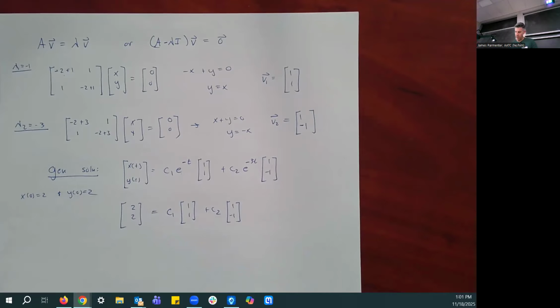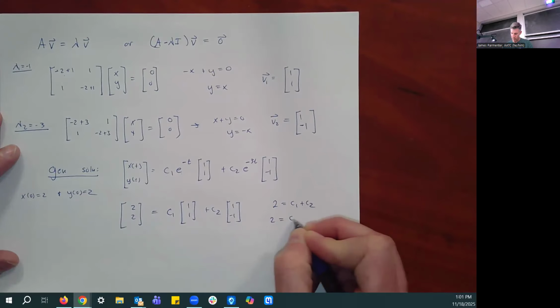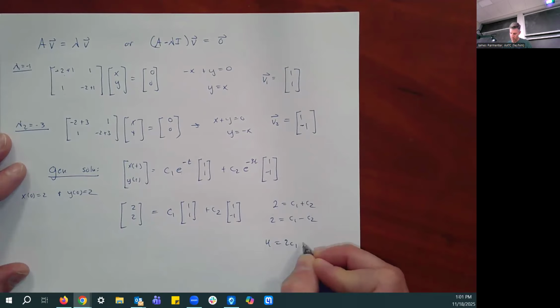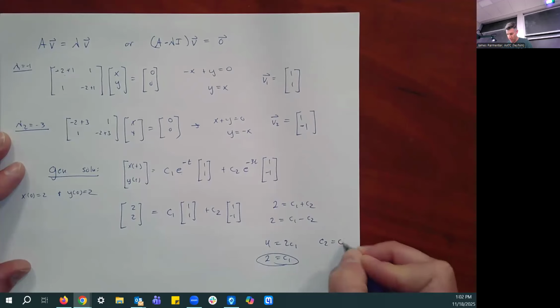All right, so we have 2 equal to c1 plus c2 and 2 equal to c1 minus c2. Oh, that's interesting. Adding these together, we get 4 equal to 2c1 plus 0. So c1 is equal to 2, which means c2 is equal to 0.